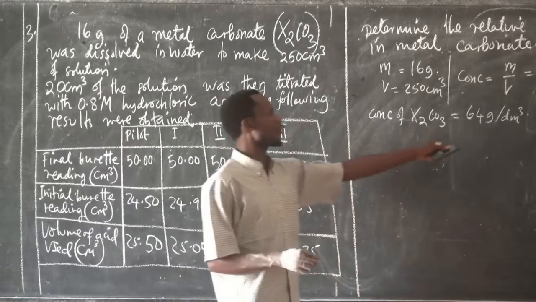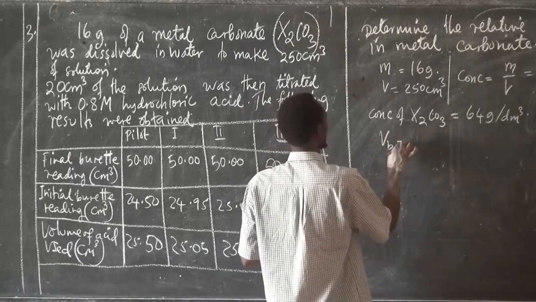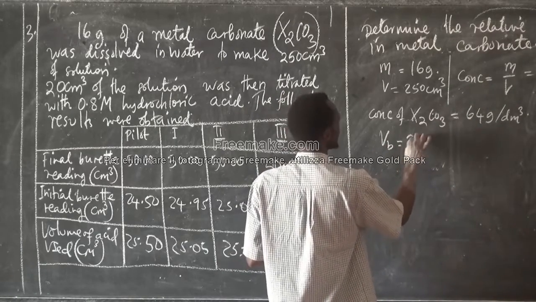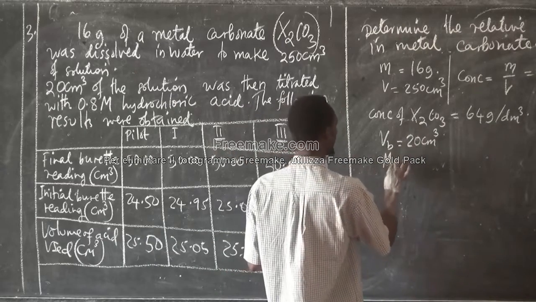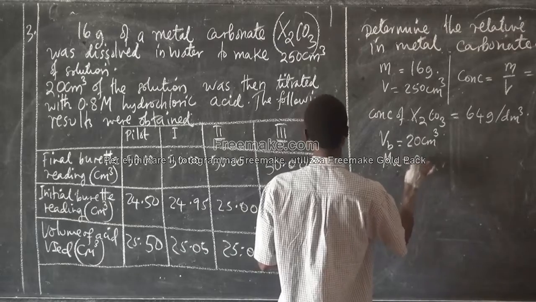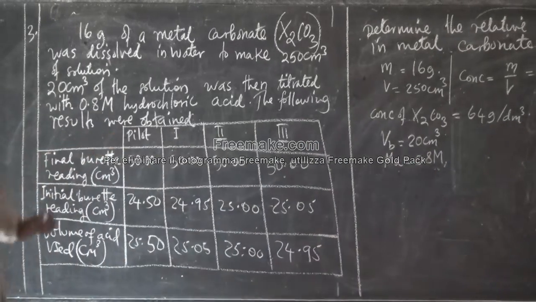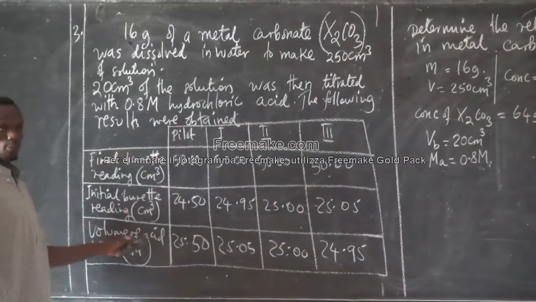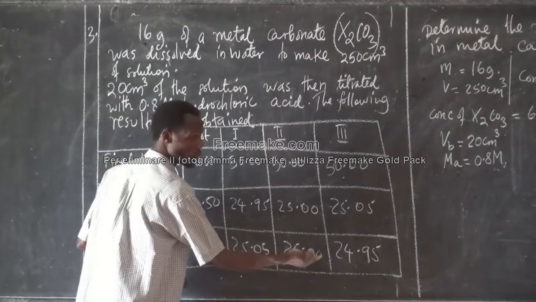So the volume of base is 20 centimeter cubic, titrated against acid of molarity 0.8 molar. The following results were obtained, as you can see from the table, which has been filled out.